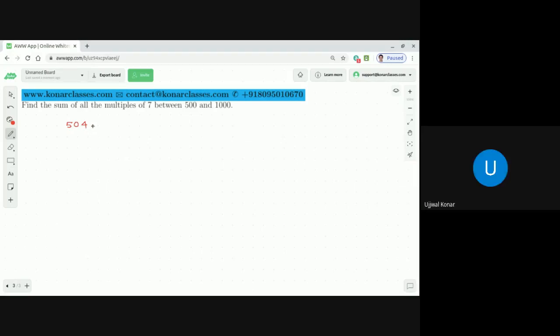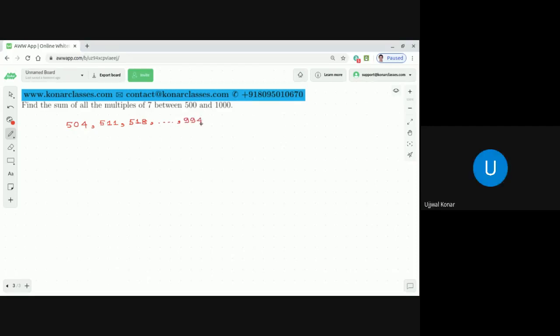After that, the next term will be 504 plus 7, that is 511, correct or not? And then the next term will be 511 plus 7, that is 518. And in that way, it will continue till the number which is divisible by 7 before 1000. And as Gurman correctly answered, it is 994.